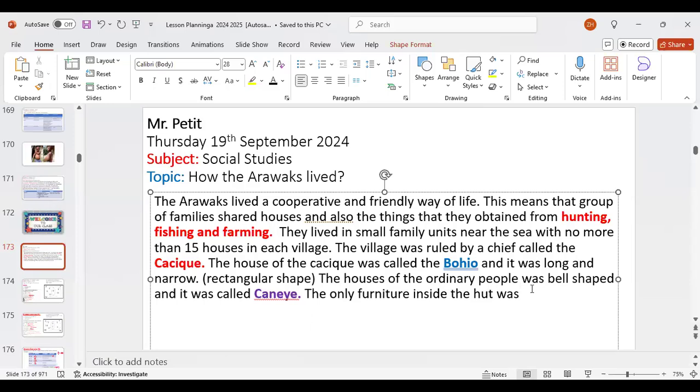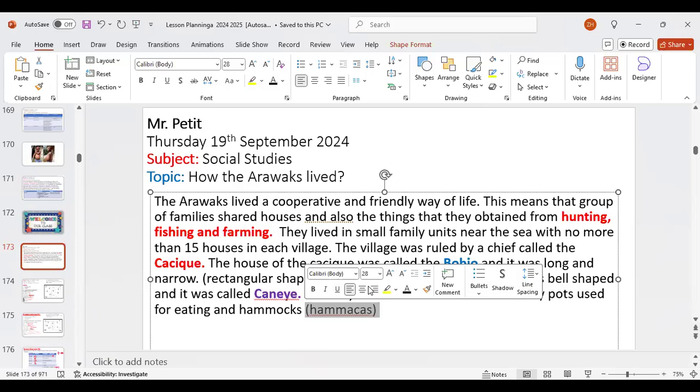Clay pots used for eating. And what do they sleep on? Hammocks. The word that they used to call it was hammockus. That's what they call hammocks.